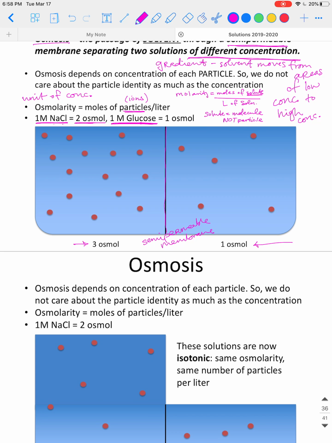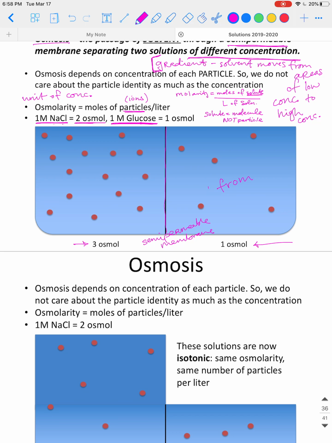If osmosis were to occur, for the setup we have here, which way would the solvent particles move? Remember, let's go back and read up here. Due to this gradient, when you have a difference in concentration, solvent moves from areas of low concentration to high concentration.